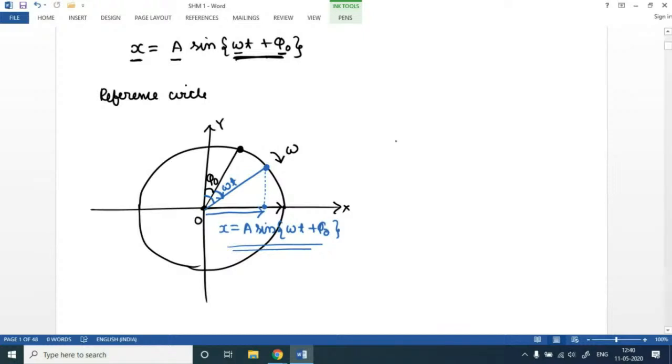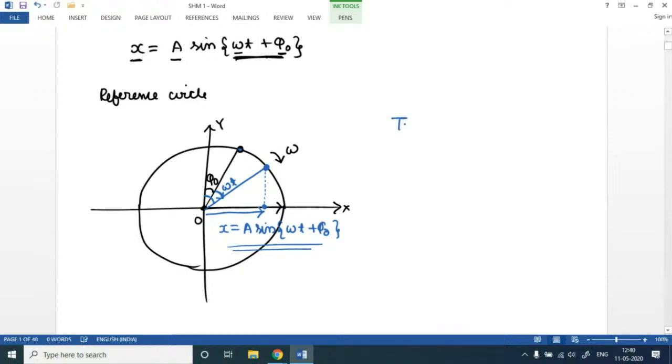What would be its time period? Obviously this pattern will repeat itself at a regular time interval. In the same time that this particle takes to complete one revolution, its projection will take the same time to complete one oscillation.